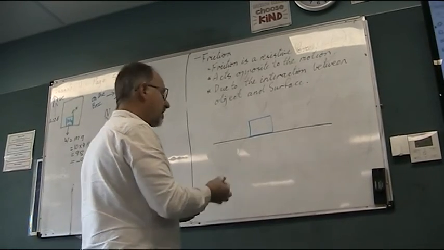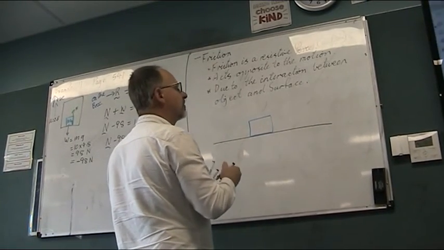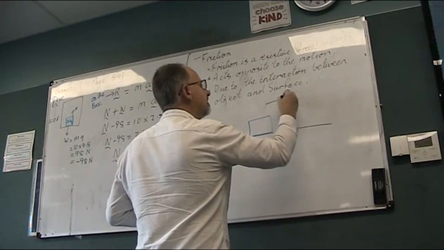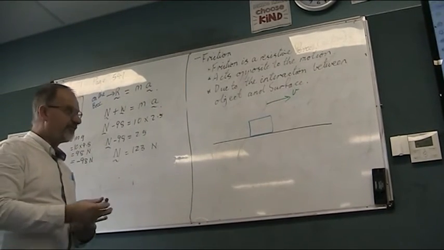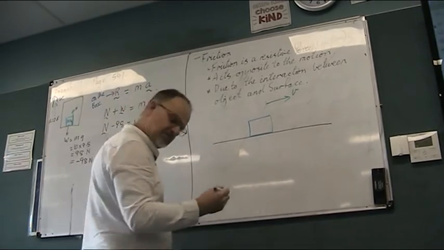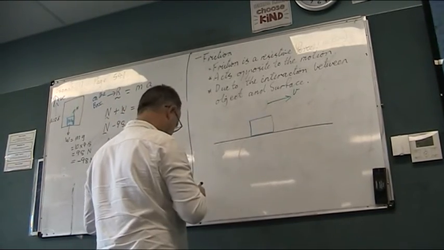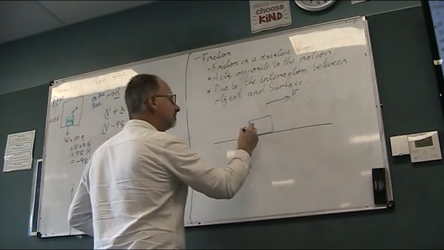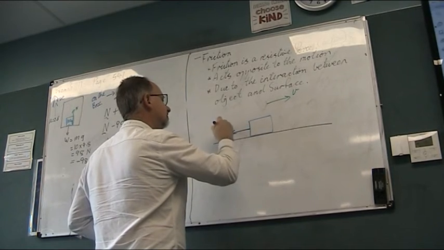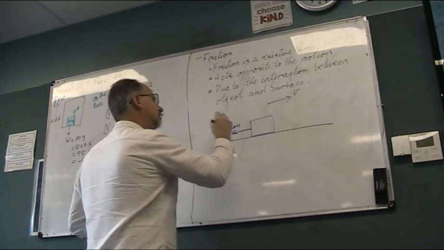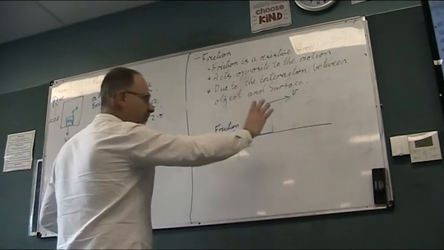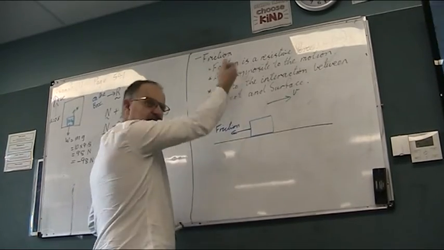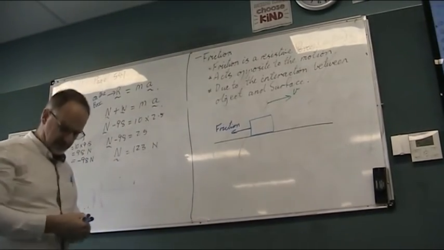Then if my box is moving this way with some velocity, then the friction force acts that way, like so. And of course I haven't drawn them in, but there would also be a weight force and a normal reaction. I'll leave them out because that's what we're talking about.